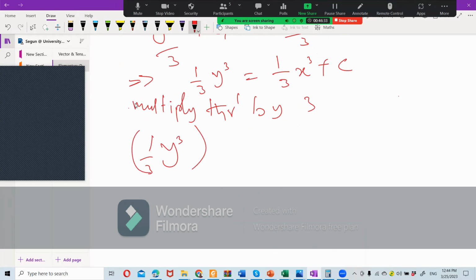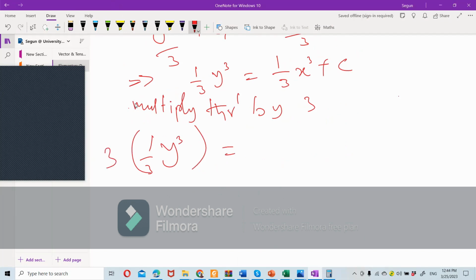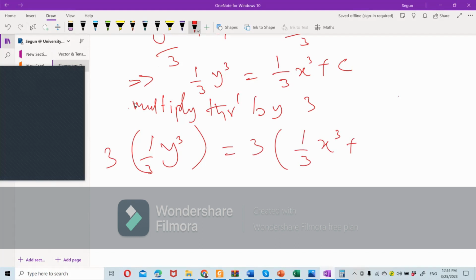So multiply both sides by 3, equals 3 in bracket, 1 over 3 x cubed plus C. So this goes with this, and we have y cubed equals x cubed plus 3C.